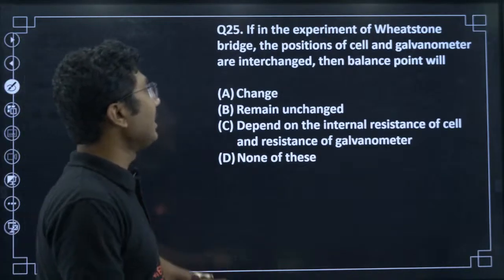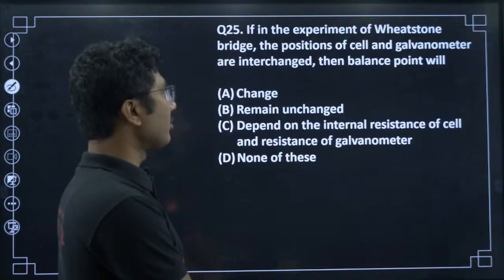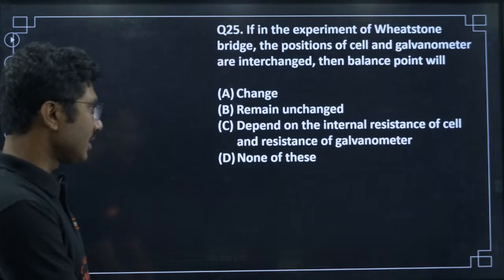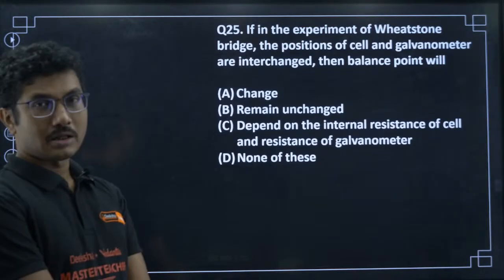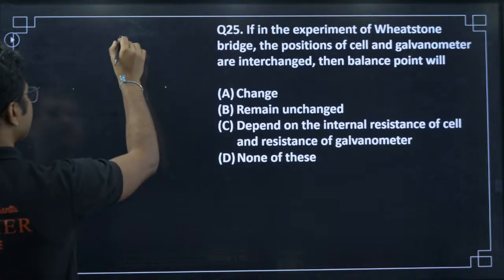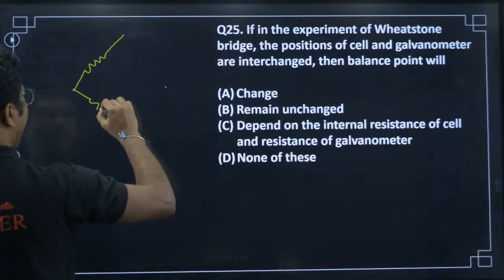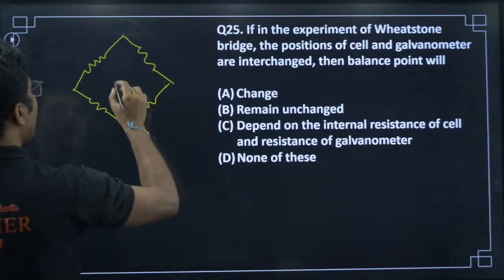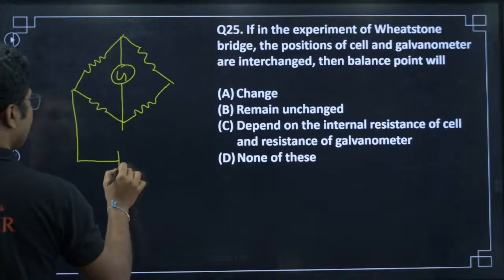Now the next question. If in the experiment of the Wheatstone bridge the positions of the cell and galvanometer are interchanged, then the balance point will change, remain unchanged, depend on the internal resistance of the cell and the resistance of the galvanometer, or none of these. In the Wheatstone bridge, if you remember, we had a galvanometer over here and a cell over here.